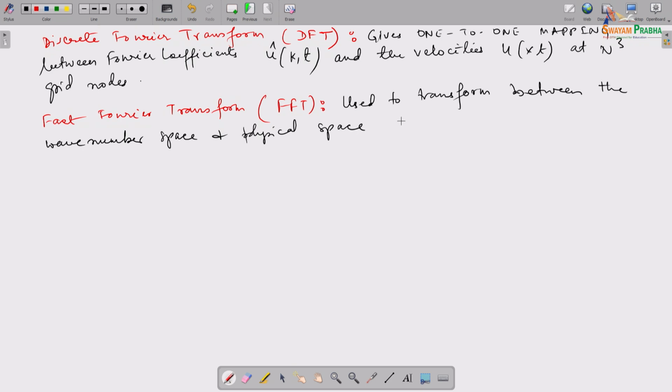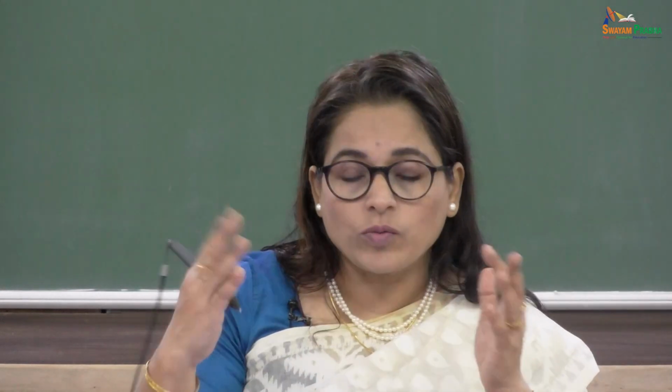What do I mean by that? Go and look at the Fourier modes in that domain where you have only the waves, and connect that to the velocity at a particular location in the physical space. That is your physical space and this is the wave number space. You go to the wave number space, bunch up those different modes, put them together, and that gives you the velocity in the physical space.